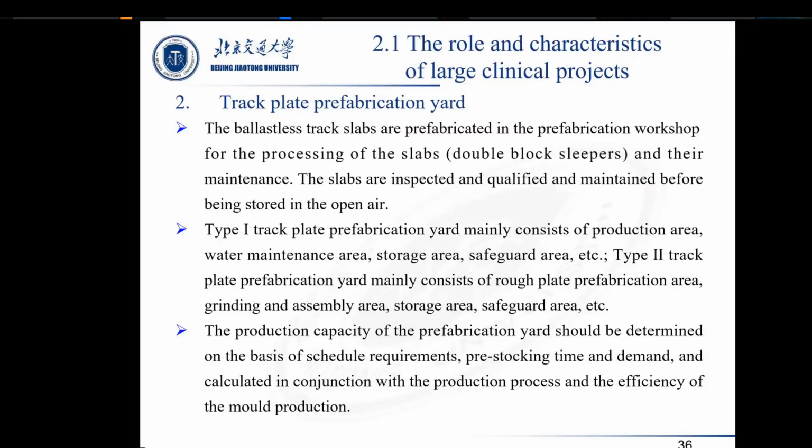The type 2 track plate prefabricated field is mainly composed of the roof plate prefabricated area, grading assembly area, storage area, and protecting area.